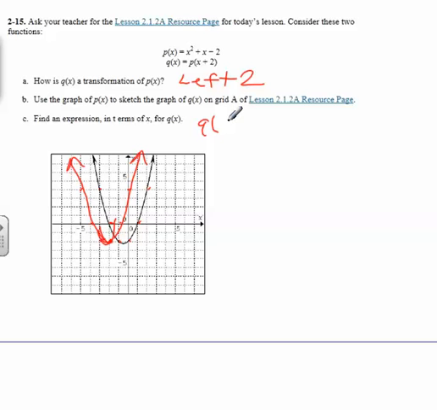So q of x ends up being our p of x, but in place of each x, we put a big set of parentheses. And in those parentheses is the x plus 2. So this is an expression in terms of that, and we could also simplify all that, but this is good for now. We'll just leave it as is. All right, going on to the next one.